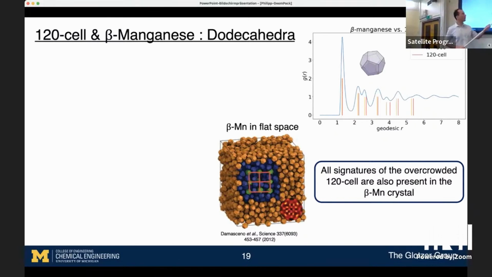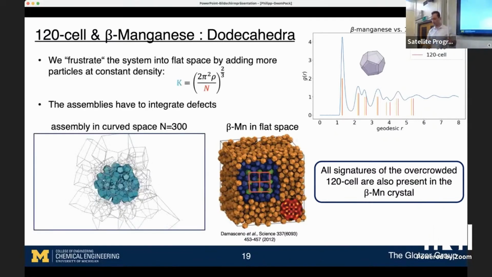And if you increase the number of particles, which means you keep the density constant but add more particles, which effectively changes the curvature, you can see that these peaks get closer and closer.